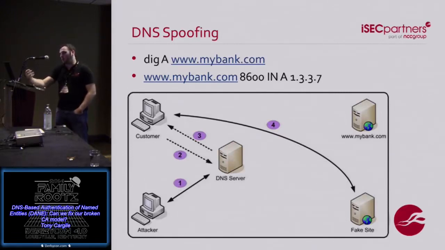There's no integrity, there's no confidentiality. So say a client wants to go to bank.com and sends a request for an A record for bank.com. The attacker realizes that this client wants to go to www.bank.com, but he instead replies back with the IP of his malicious server. Now the attacker has forced the client to go to his malicious server, and he can do phishing-style attacks or really anything he wants with the victim.